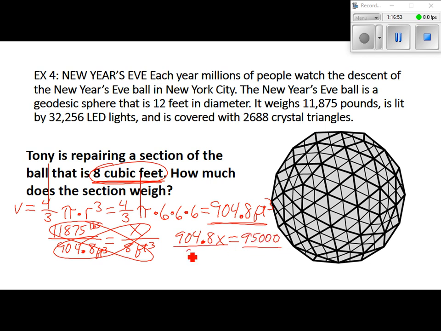Then you're just going to divide by 904.8, and that's going to tell us how much that part of the ball that he's fixing weighs.